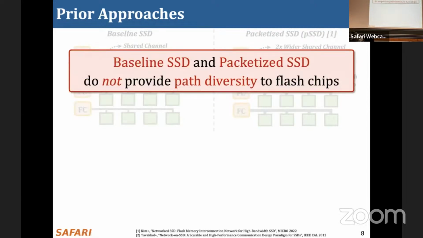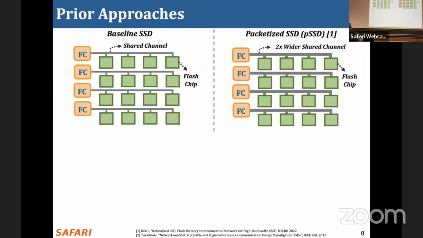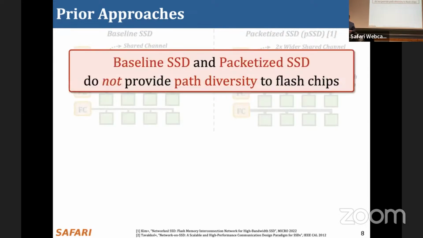But the issue is that the baseline SSD and packetized SSD both do not provide path diversity to flash chips. And that was actually our main point here. In order to avoid path conflicts, you need to fundamentally provide path diversity. This design mitigates the overhead, but still you don't have path diversity, and essentially you can have path conflicts again.